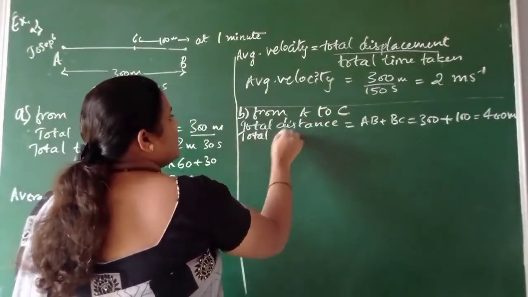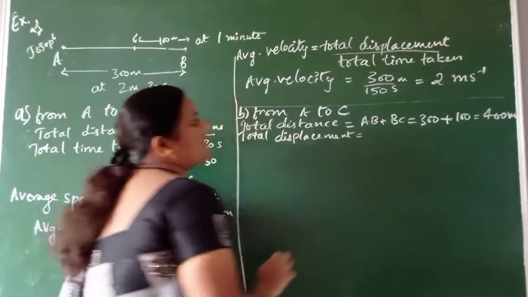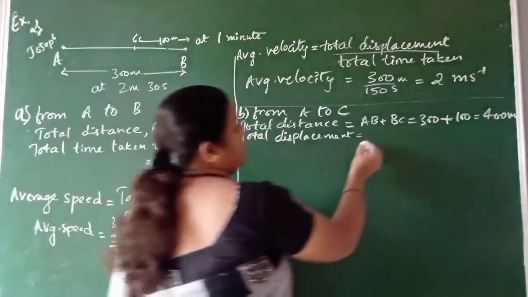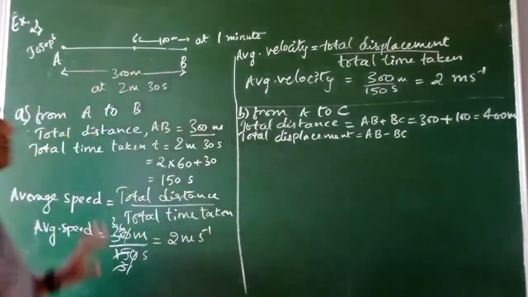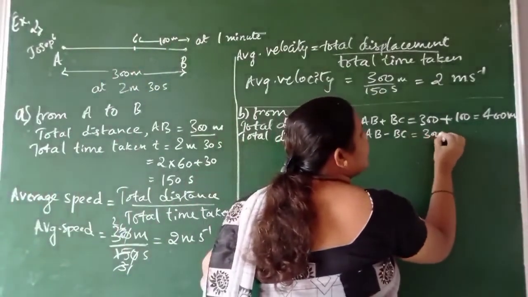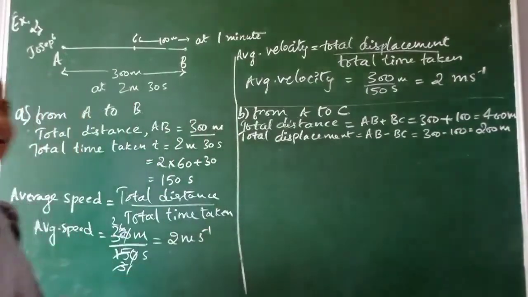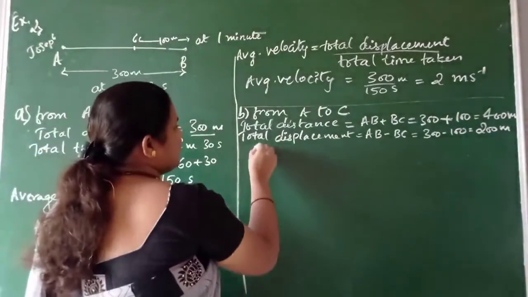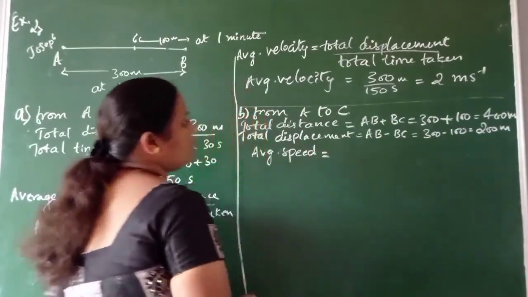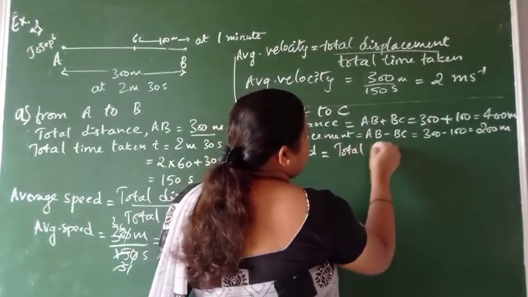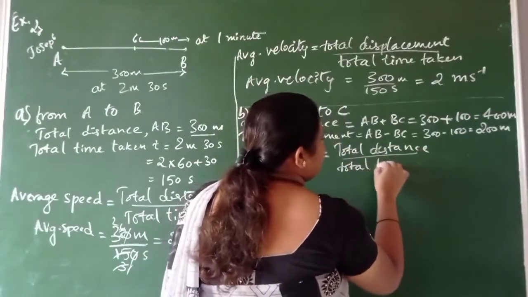Similarly, total displacement. First he moves from A to B, minus BC. So you get 300 minus 100, which equals 200 meters, the total displacement. Now calculate average speed, which equals total distance divided by total time taken.